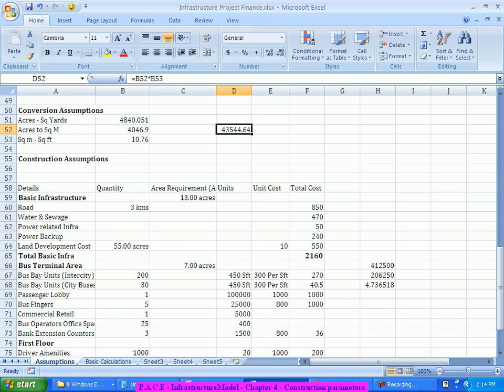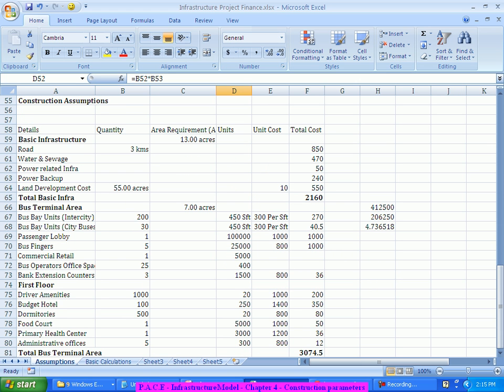As part of our requirement, the total area in which the bus terminal is built is coming out to 2 lakhs 6,000 SFT. Based on that, it is coming out as 4.73 acres, whereas we have earmarked 7 acres for that.